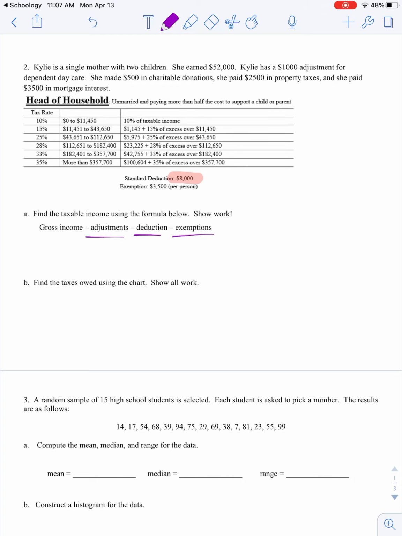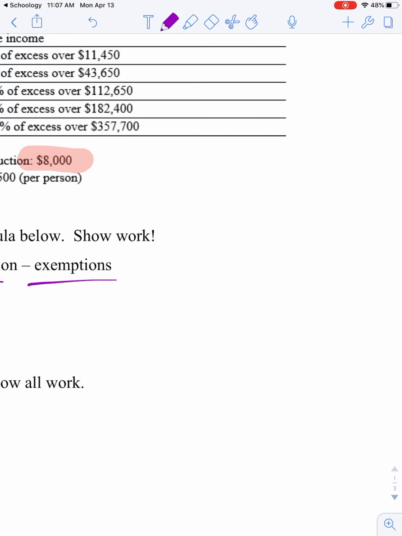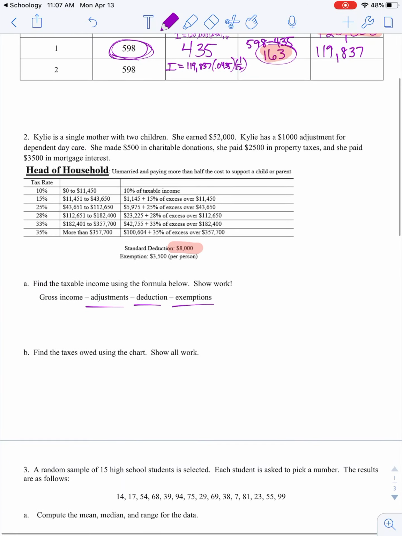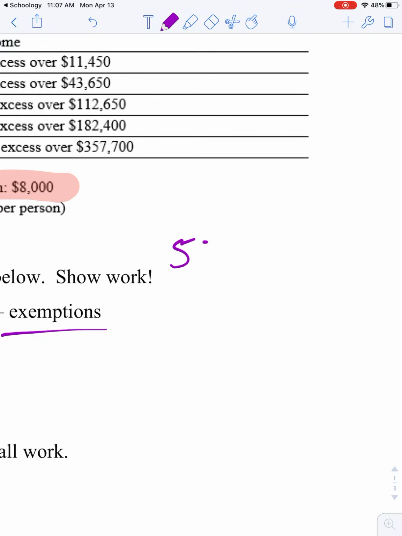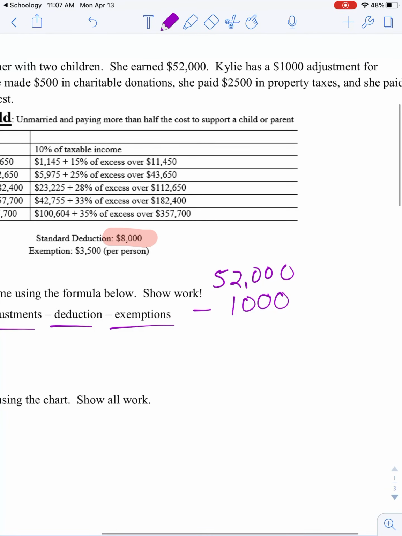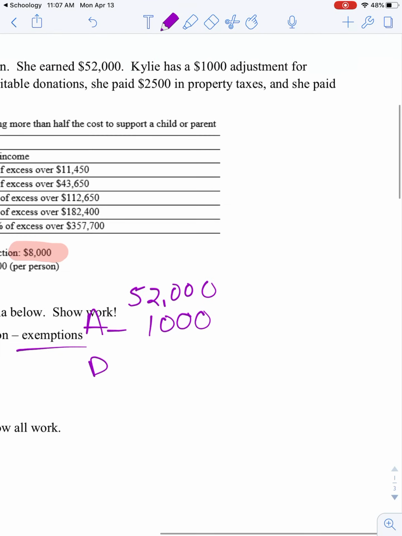Okay, so let's figure out the taxable income here. We're going to start with, what did they have? They earned $52,000 a year. And we're going to subtract off the adjustments. Looks like the adjustments, it's only going to be $1,000. And now, so there's our A. So our D, deductions. Let's go off to the side here and see what our itemized deductions are.